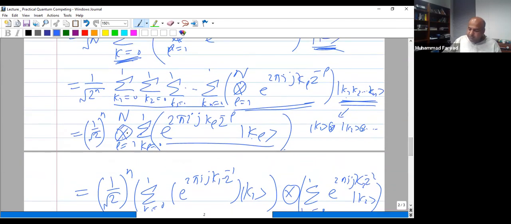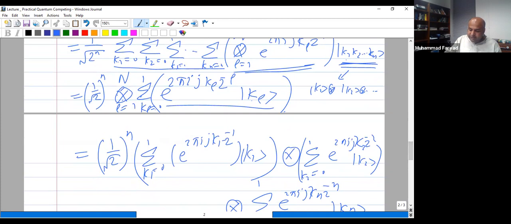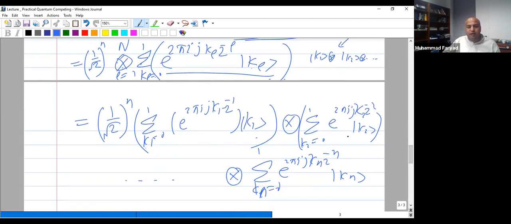This tensor product means that I can write this term one by one, because each one of them corresponds to a qubit.